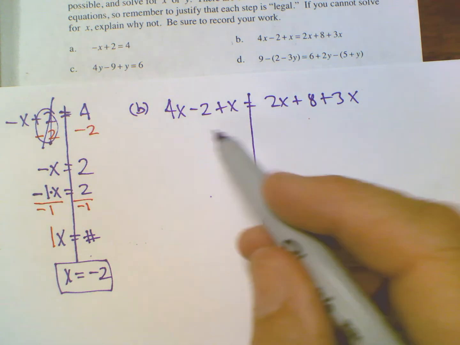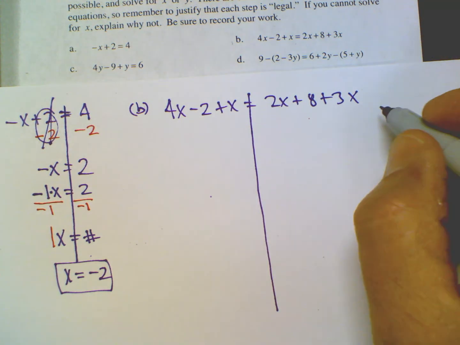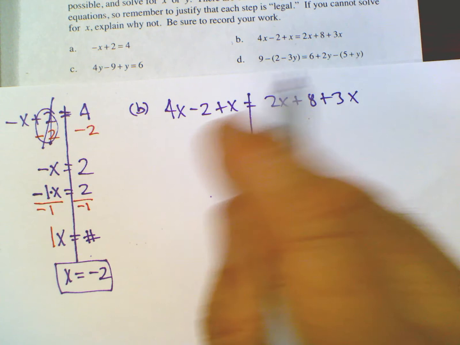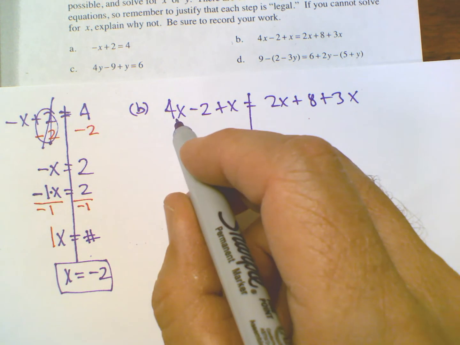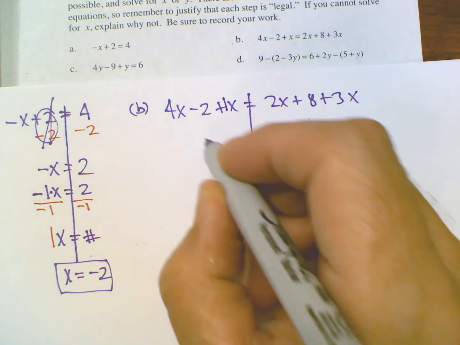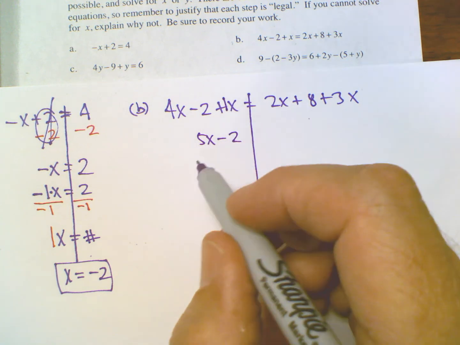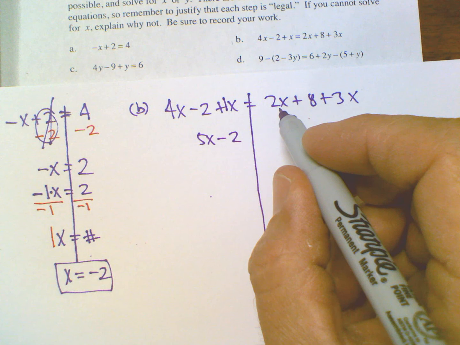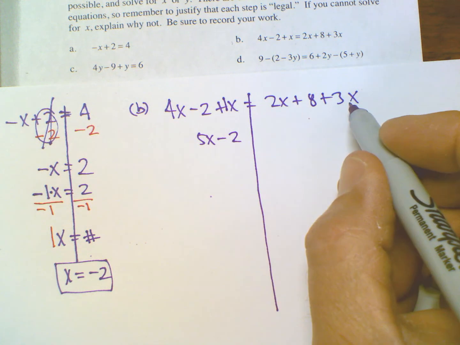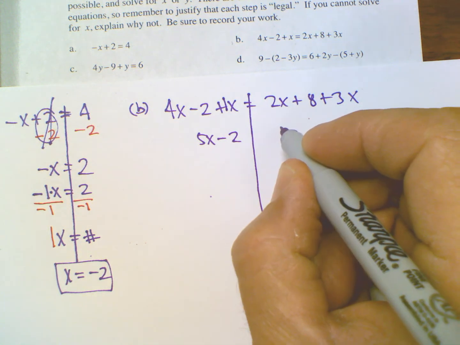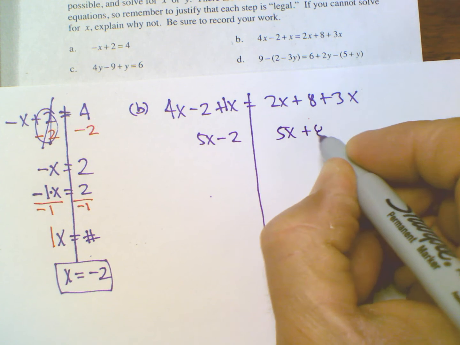Before I do that eliminating, though, I do need to simplify first. So simplify each side first. In this case, 4x and 1x is 5x. So now I have 5x minus 2. That's all simplified. On this side, I have 2x and 3x. So that's 5x as well, 5x plus 8.